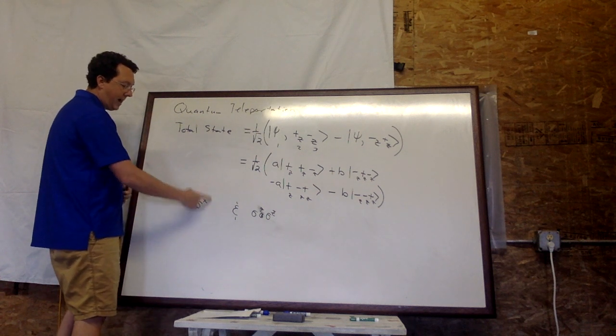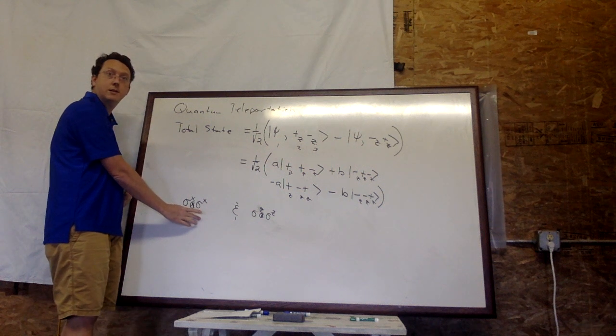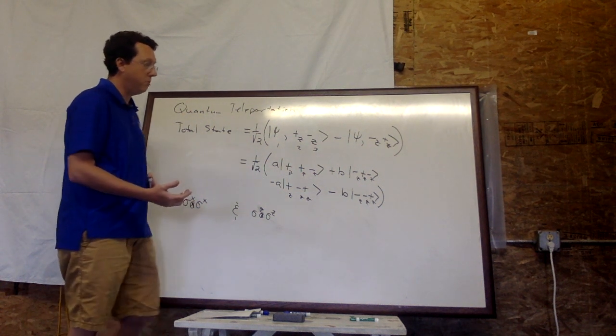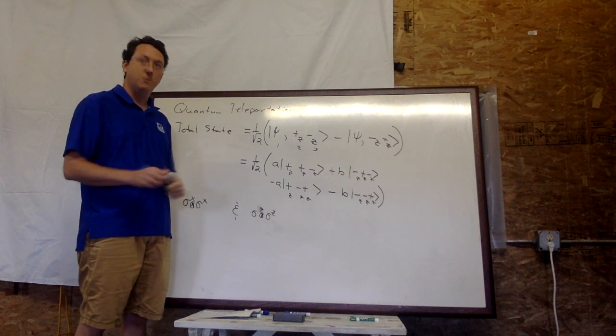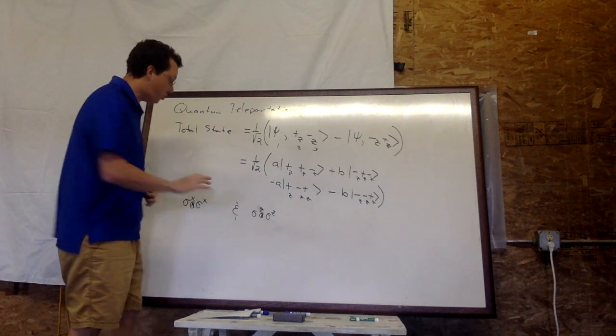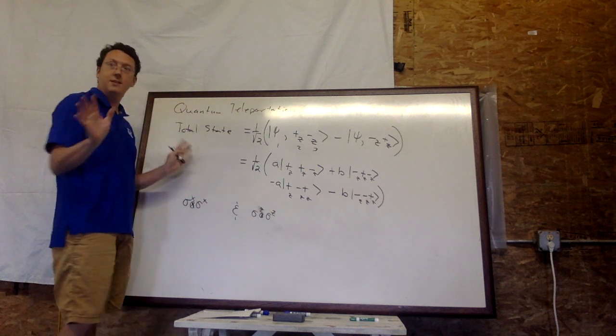The space of states that Alice has, which is what this acts on, is a 4-dimensional space, because it's the product of 2 times 2. What I'm going to do is write down 4 linearly independent states, so they span everything, and show that they are simultaneously eigenvectors of both of these.